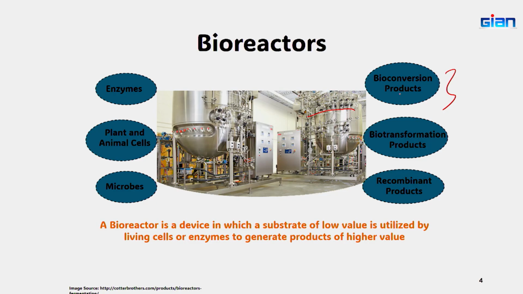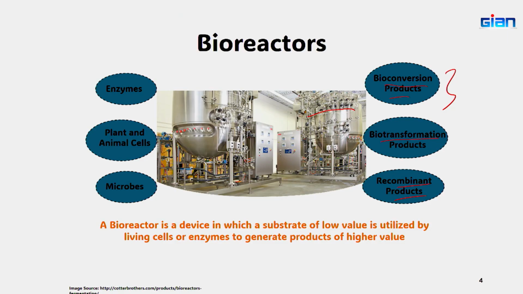Then there are different types of products that we develop. There are the bioconversion products, where you have the substrate being converted into product. Biotransformation, where one substrate has been transformed into a product. And the recombinant products, which we have discussed as part of precision fermentation, where we are developing the product using recombinant DNA technology. So we have genetically modified our host to produce the product of interest.